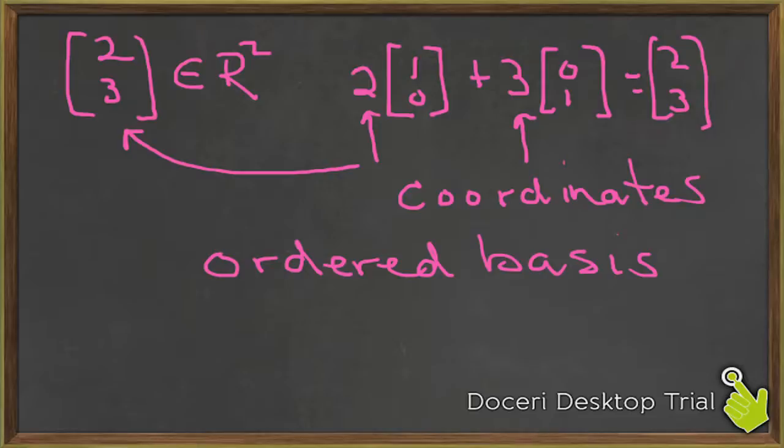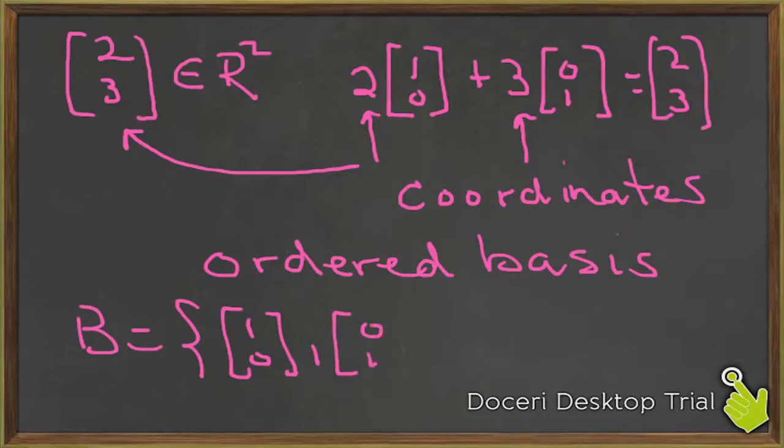So just as some notation, since this 2, 3 is written in terms of the standard basis, which is B equal to 1, 0; 0, 1, and sometimes people will use a semicolon to indicate that the basis is ordered, then since it's in terms of that standard basis, we just write 2, 3.